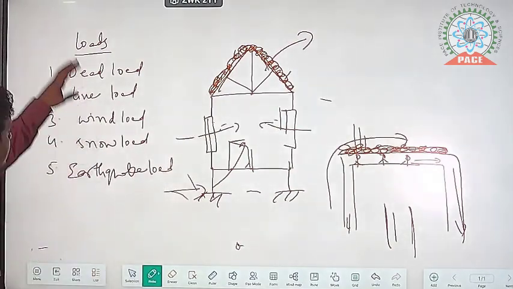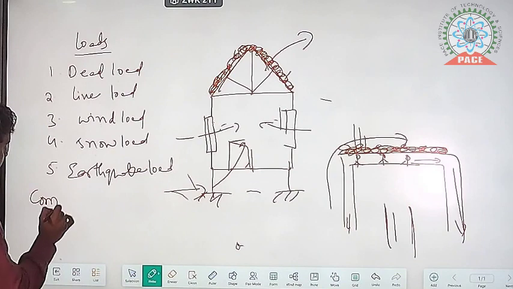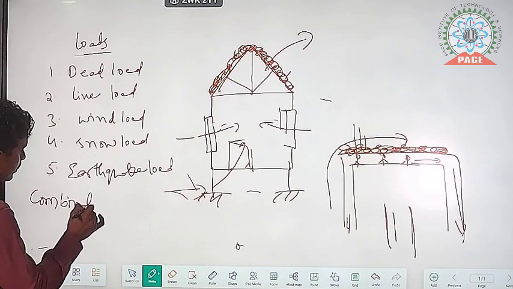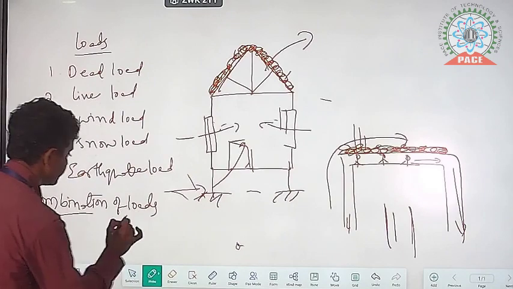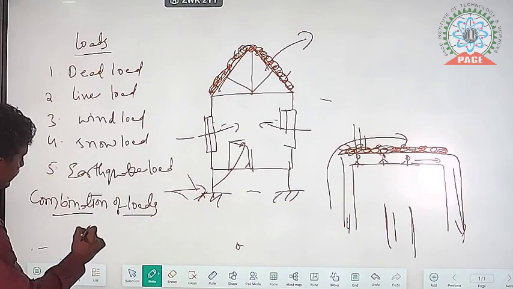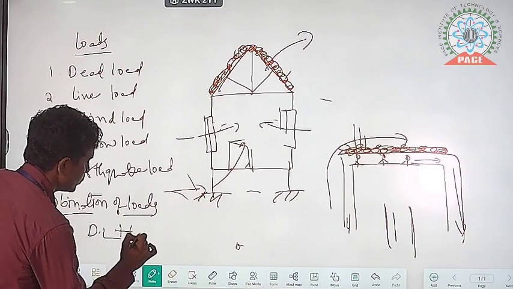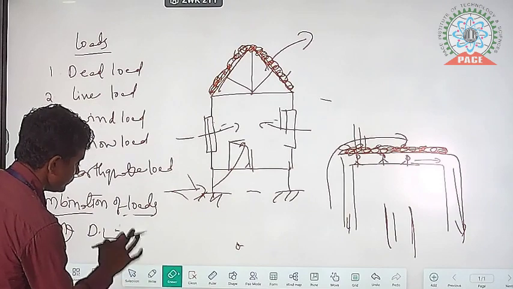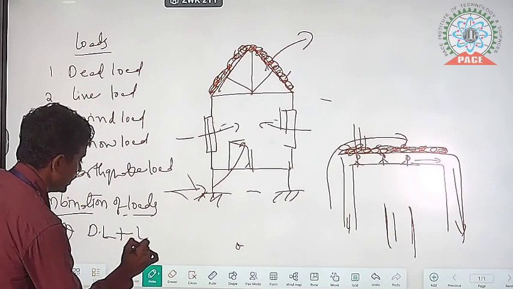Sometimes combination loads also, we have to consider combination of loads. The combination of loads means what? Dead load plus live load. And the second one is dead load plus live load plus wind load.